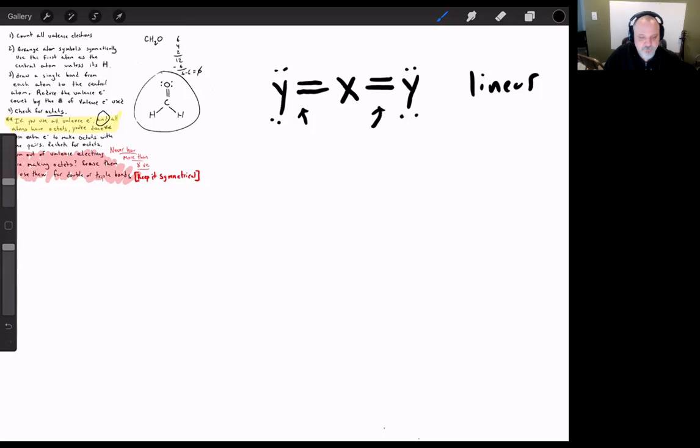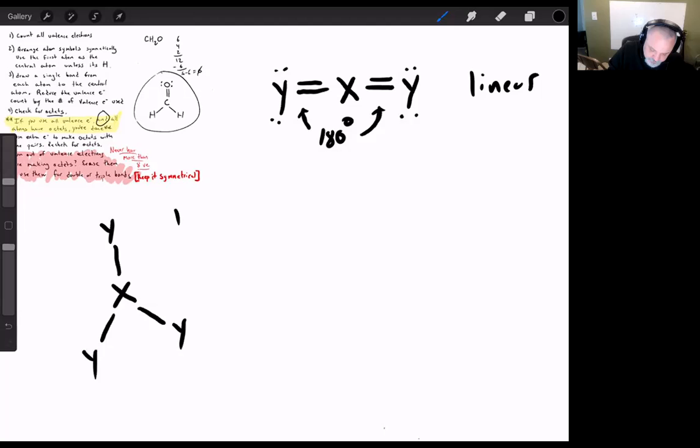Yeah, this is 180 degrees. We talked about this last time we were together. What happens if I have something that's trigonal planar? What are the bond angles here? Yeah, this one is 120 degrees.